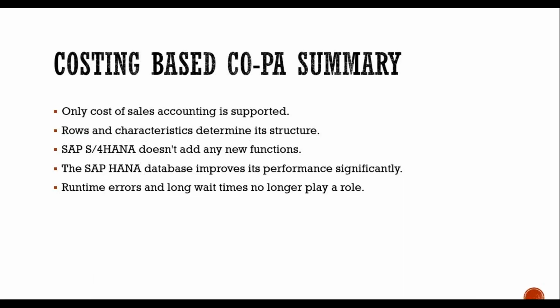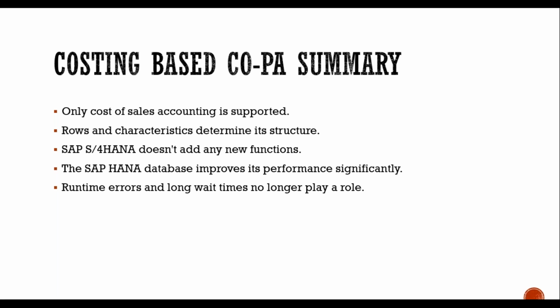Finally, costing based COPA summary: only cost of sales accounting is supported. Rows and characteristics determine the structure. SAP S/4HANA doesn't add any new functionalities. SAP HANA database improves the performance. Although there is no change in costing based COPA, earlier in the background we were using traditional databases which were slow, and now we are using SAP HANA.